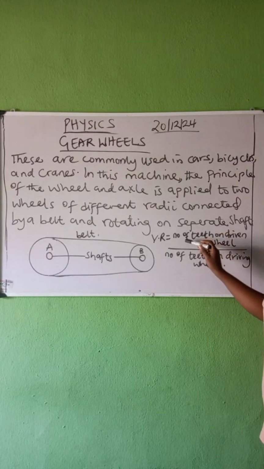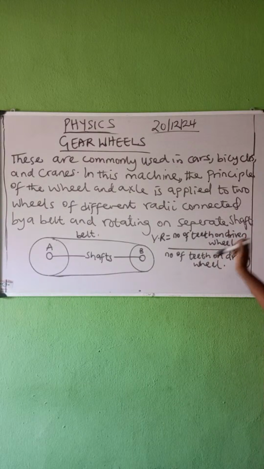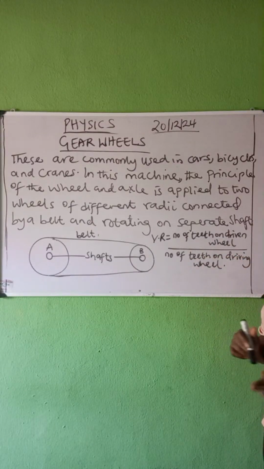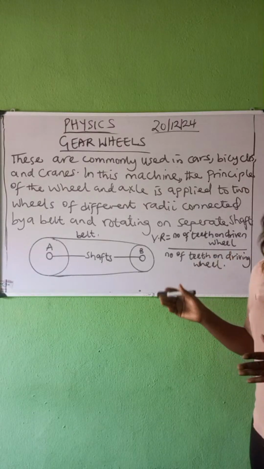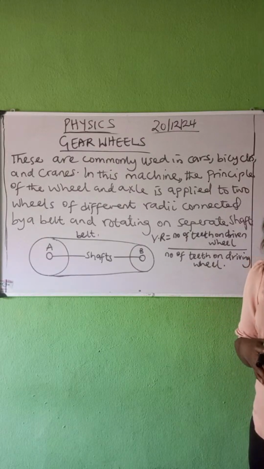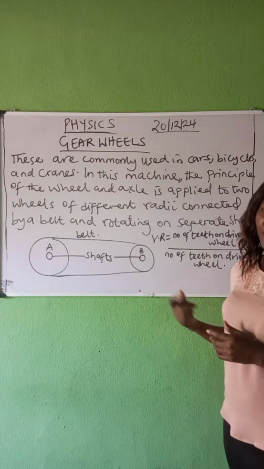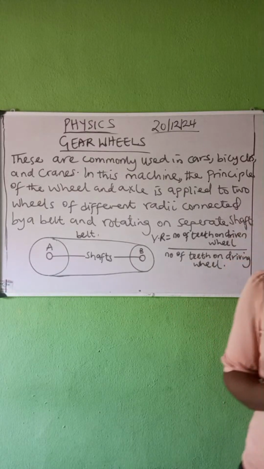Because it uses the principle of wheel and axle, the velocity ratio is the number of teeth on the driven wheel over the number of teeth on the driving wheel. That is just it. And the essence of us discussing this type of machine is just for us to pick the velocity ratio and use it to solve problems. Is that clear? So let's see an example of how we can apply the knowledge of this to solve problems. So let's go.